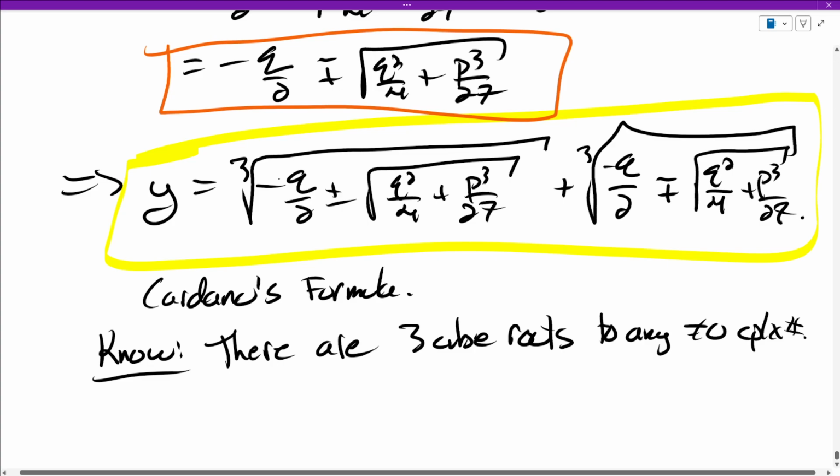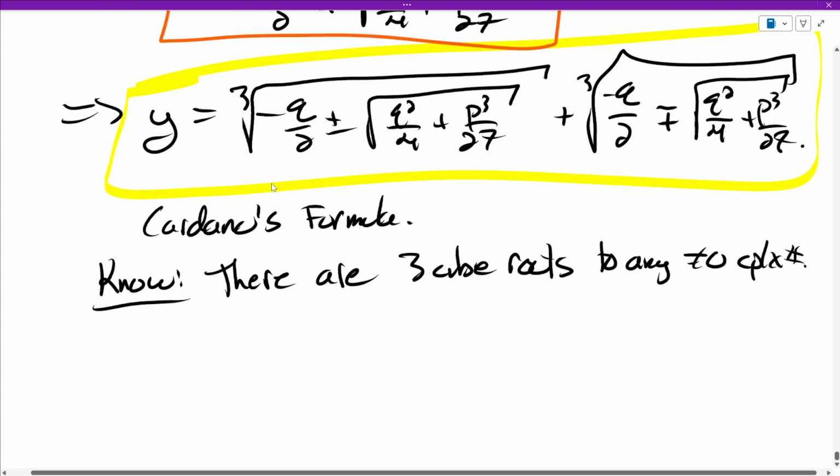So we have 3 choices for each term for a total of 9 choices. And so it's kind of a peculiar formula. Of those 9 choices, 3 are correct. 3 are the roots. But to even find the 3, you have to invoke the use of complex numbers. So this is required in this cubic formula. Nevertheless, here's the cubic formula.